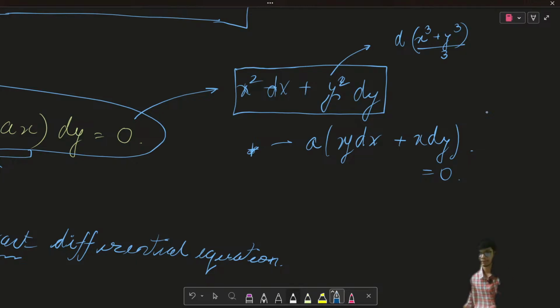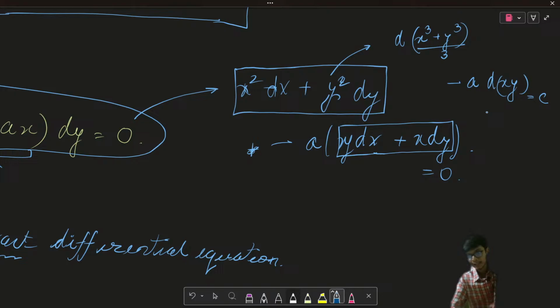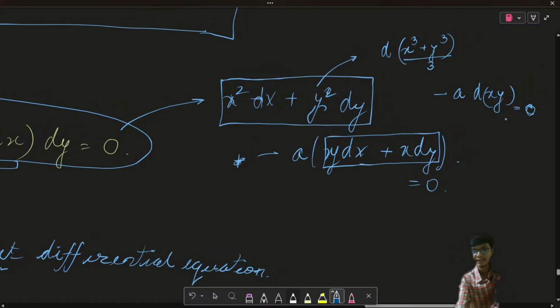So when I take the derivative, this will be the following result, right? And the remaining result, minus a times y dx plus x dy, if I recall from the identity, can be written as the derivative of x into y, and that is equal to 0, right? Now this can be easily integrated.